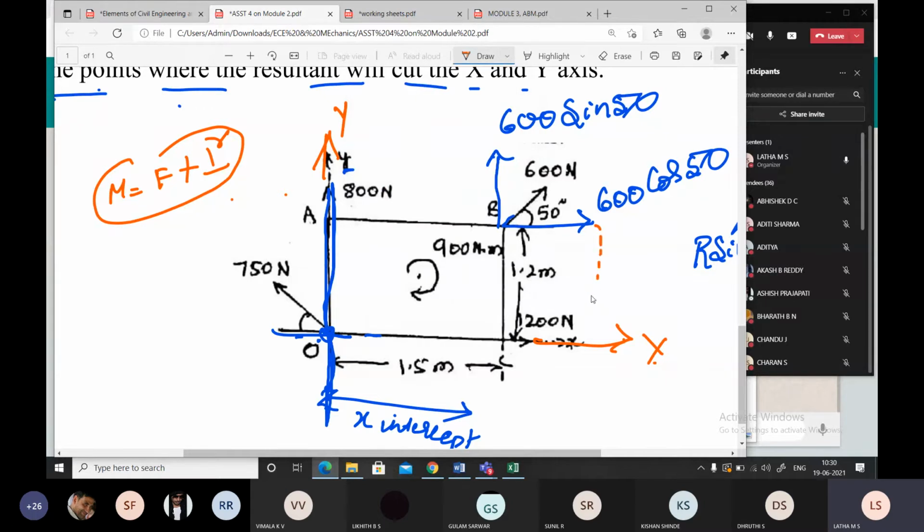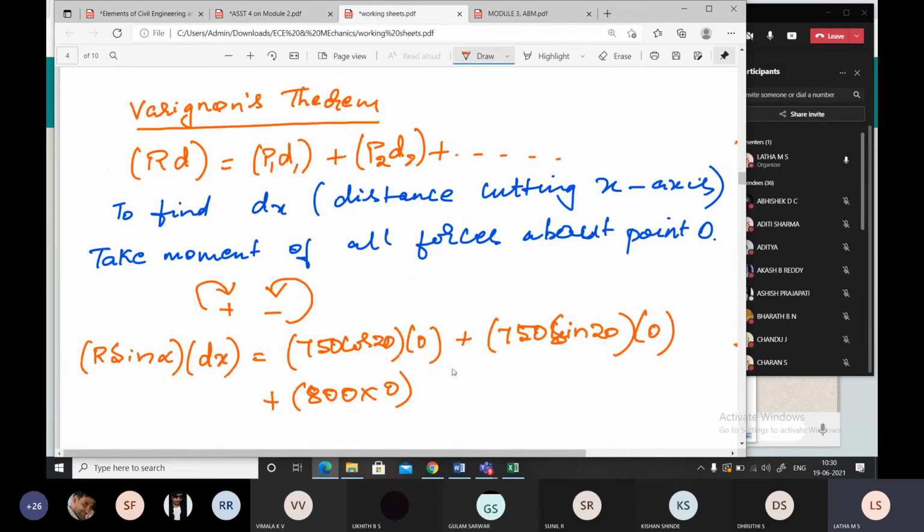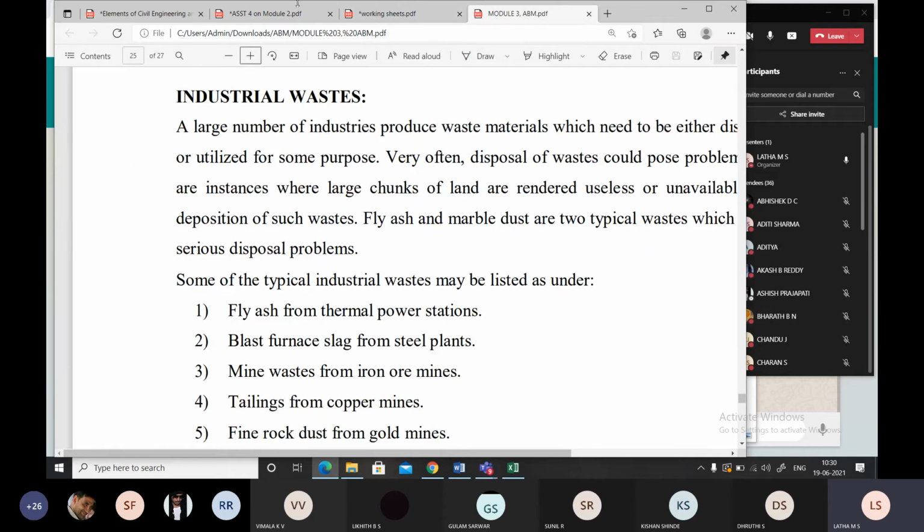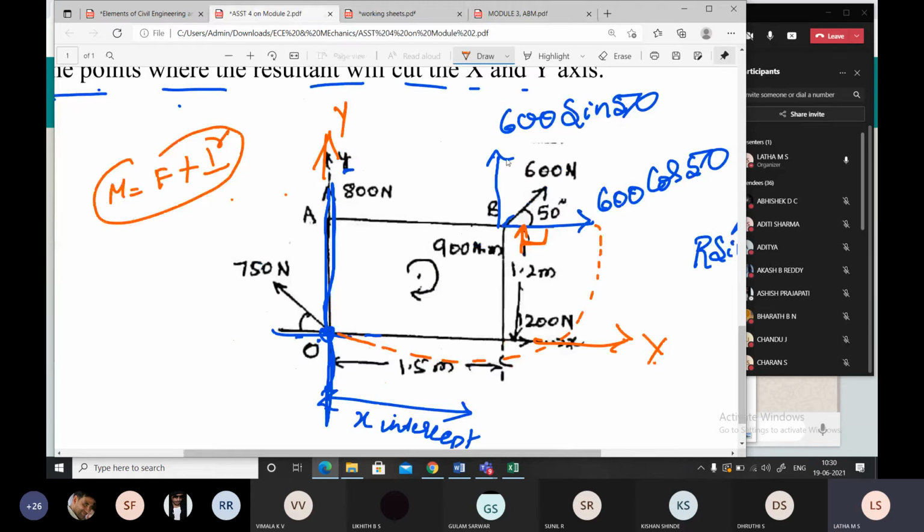About point O it is going clockwise, 600 cos 50. What is the perpendicular distance? 1.2. So I'll be writing it as plus 600 cos 50 into 1.2. Now what about 600 sin 50?